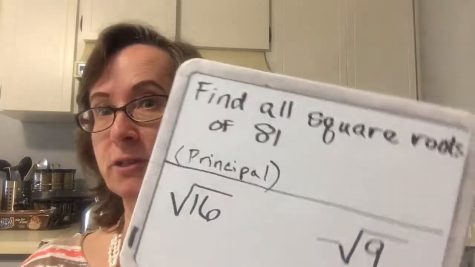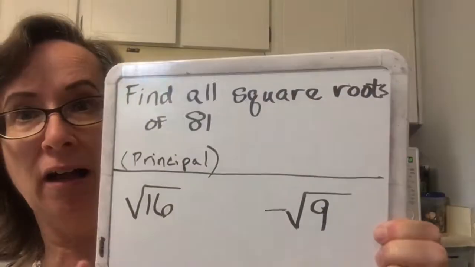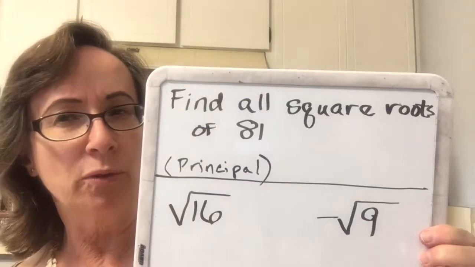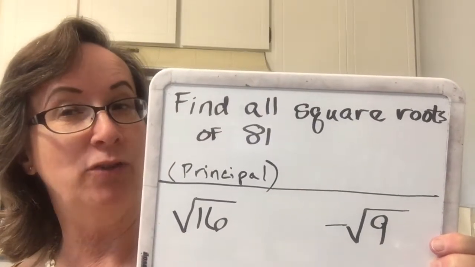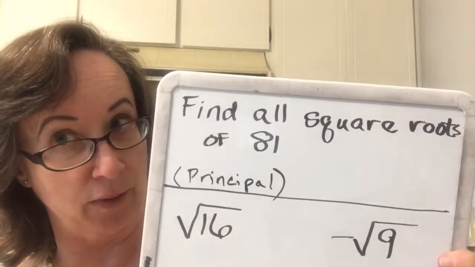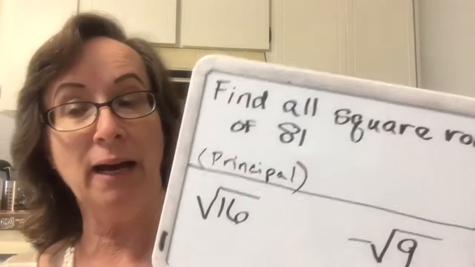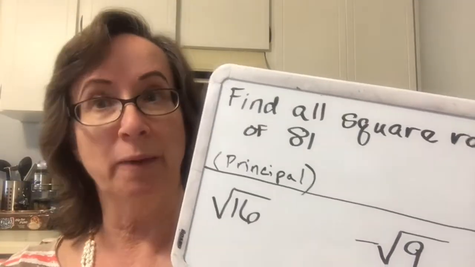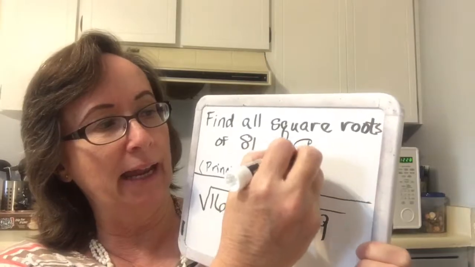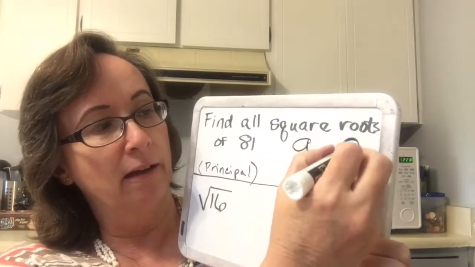So, the first thing we're going to do is find all of the square roots of 81. Now remember, the rule is that if you do not see a radical sign, then you are taking the square roots, and you must remember that there are two roots to 81, 9 and negative 9.